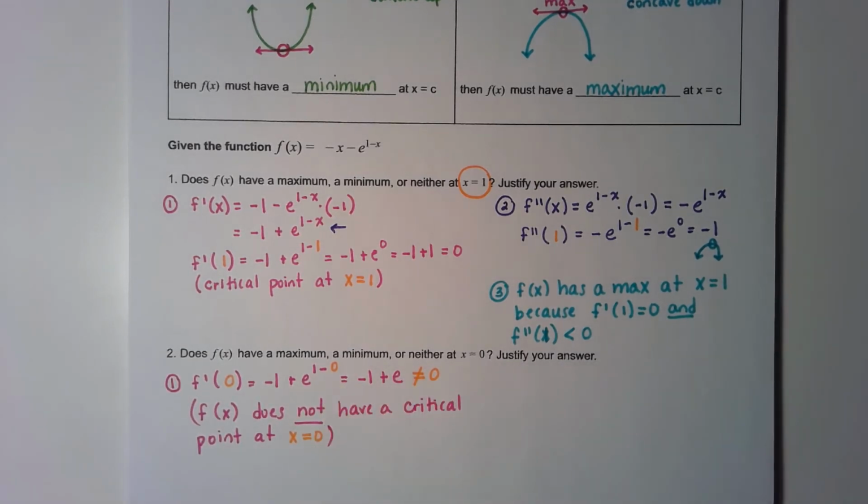As soon as I know I don't have a critical point, because my derivative is not equal to 0 and it's not undefined, I'm going to stop. There can't be either a max or a min here because I don't have a derivative that's equal to 0.